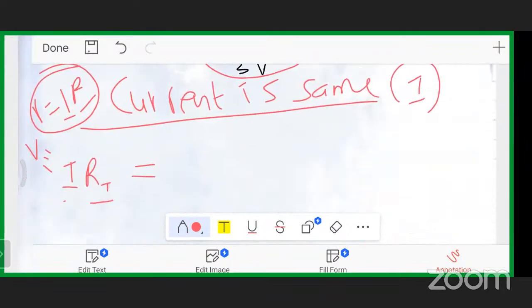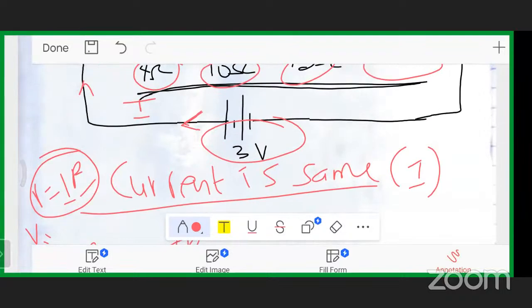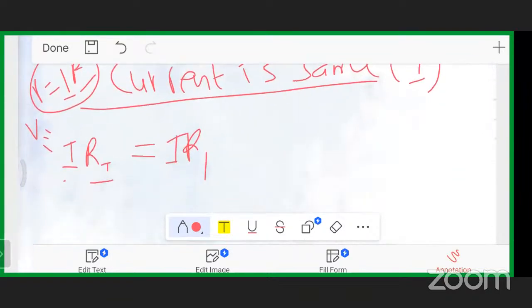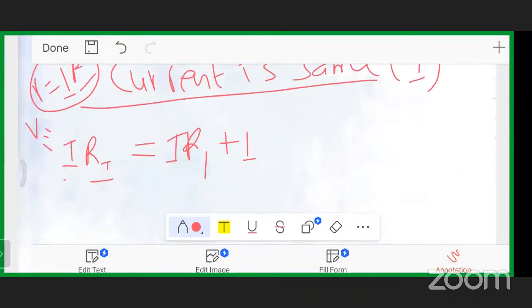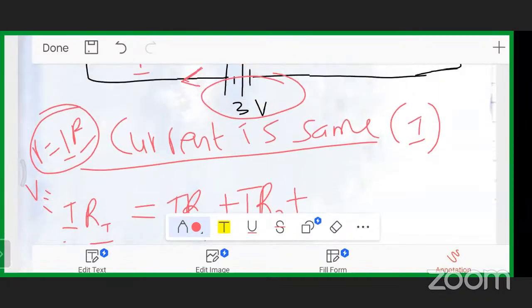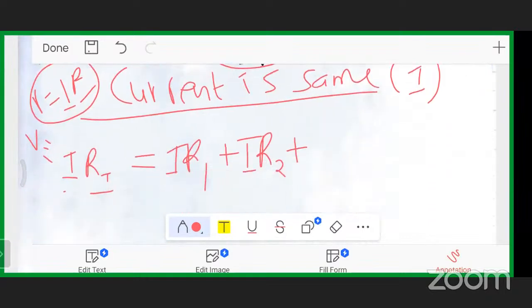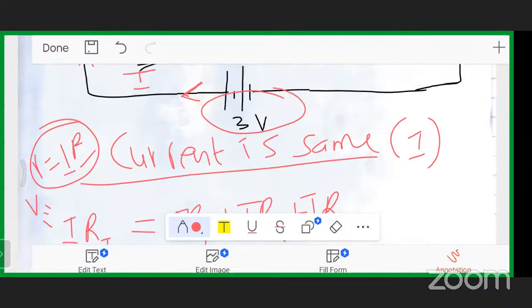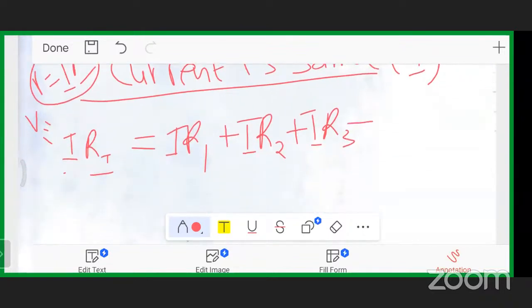You take I times R1 for the first resistor. Then for the second resistor, we add I times R2. Then plus for the third resistor, the same current I times R3. Then for the fourth resistor, I times R4.